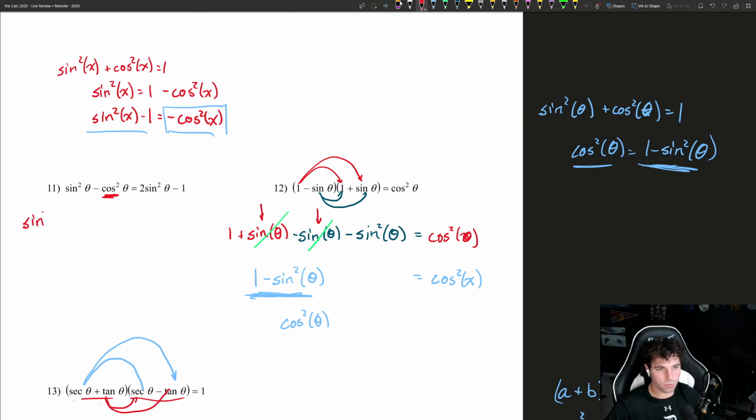So then we have sine squared of theta plus, right, because that minus is there, plus sine squared of theta minus 1.